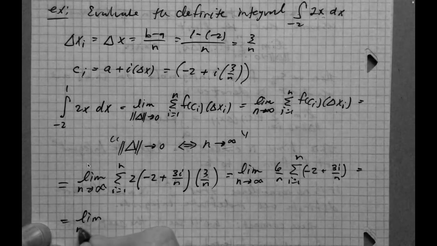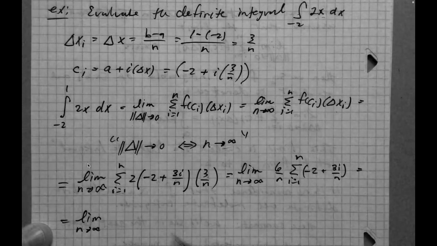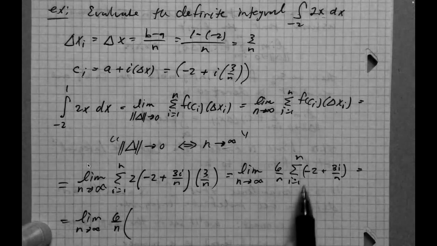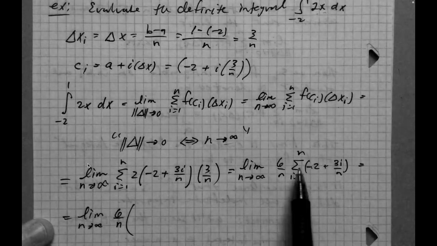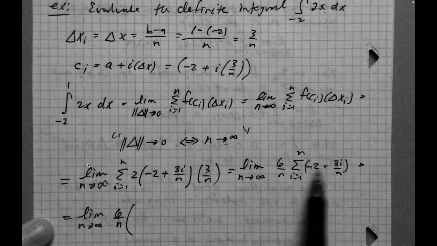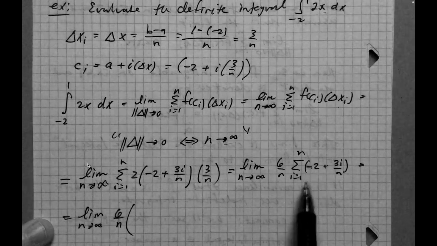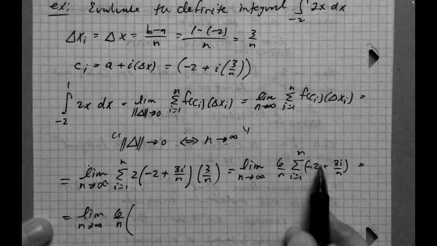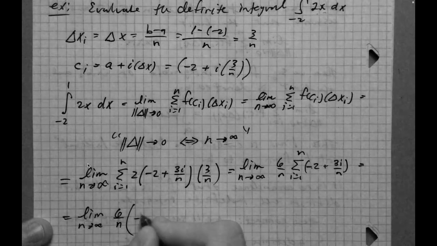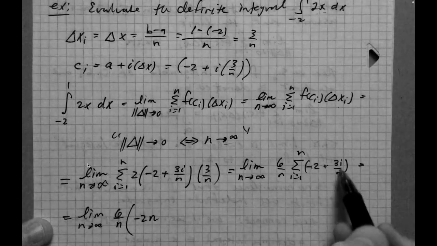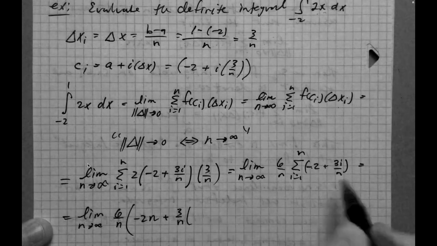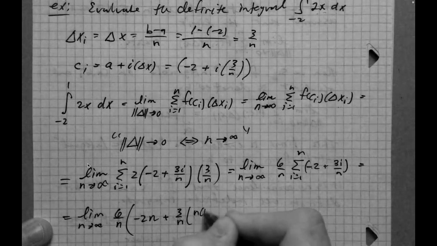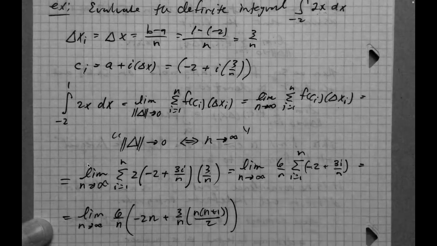Now we talked about this last week, but you could break this sum up: the sum i equals 1 to n of -2 plus the sum i equals 1 to n of 3i over n. But I'm just going to do it in one step. So this would be -2 times n, so you get -2n there. And then this one would be plus 3 over n times the sum i equals 1 to n of just i, which is n times (n plus 1) over 2.